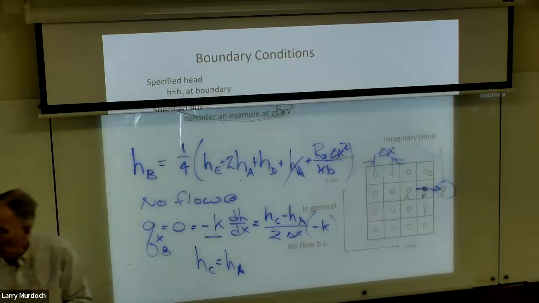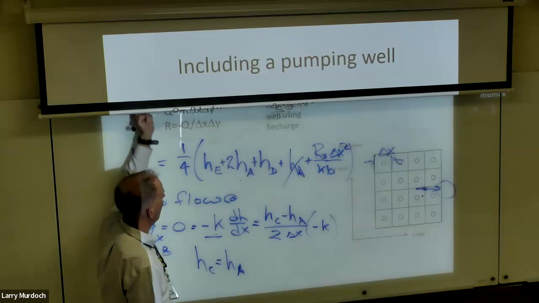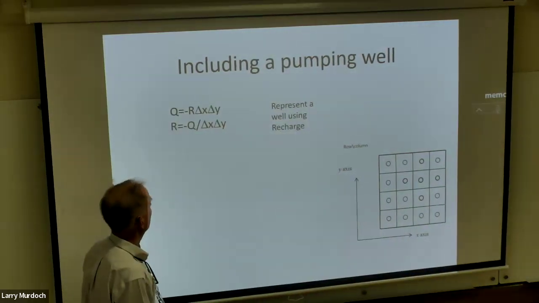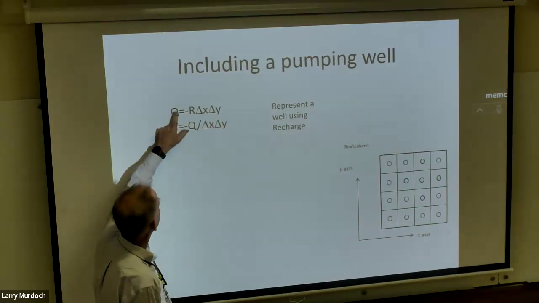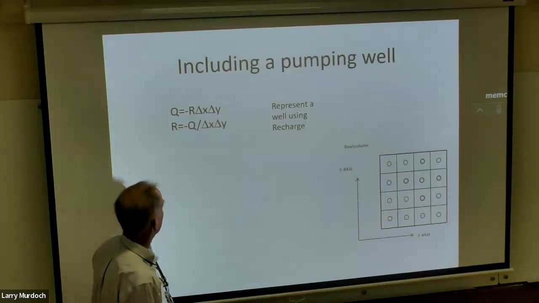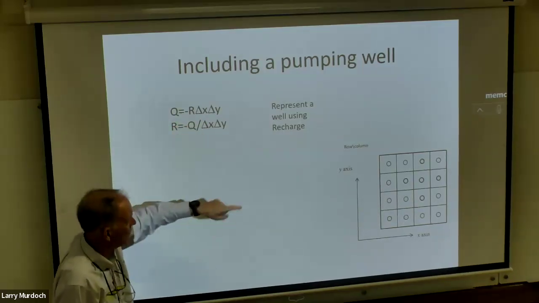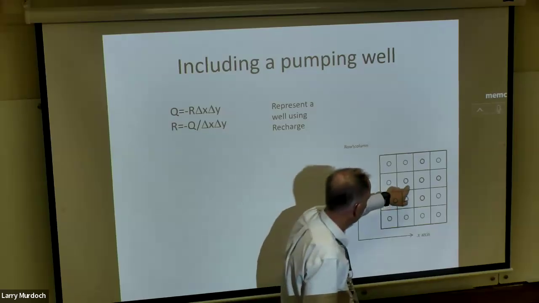So I think I have one more slide here. Yeah, okay, so here's one more case. So what if we have a well? If you have a well, then we're pumping water out. And the way to handle that is to say that we're pumping water out at a point.